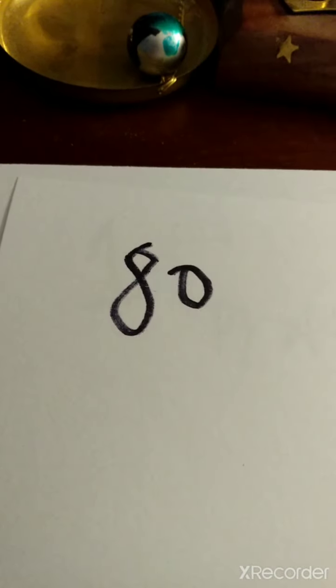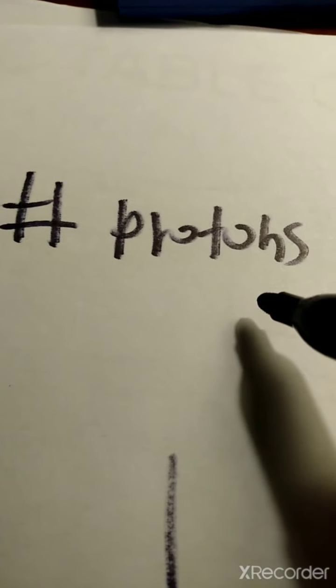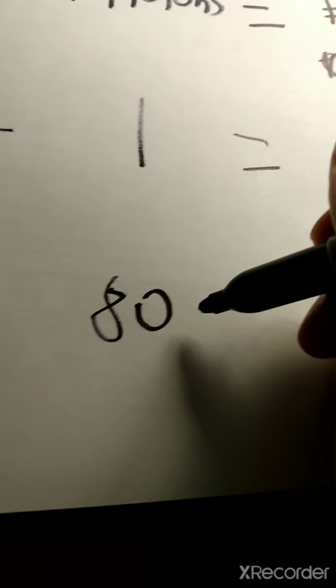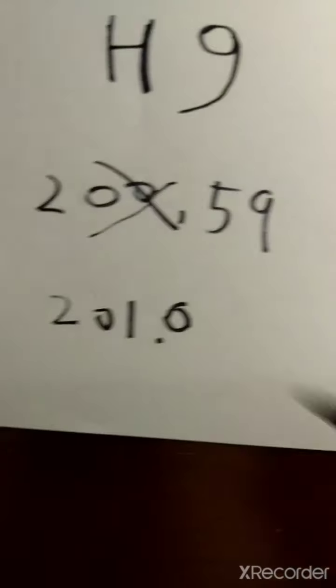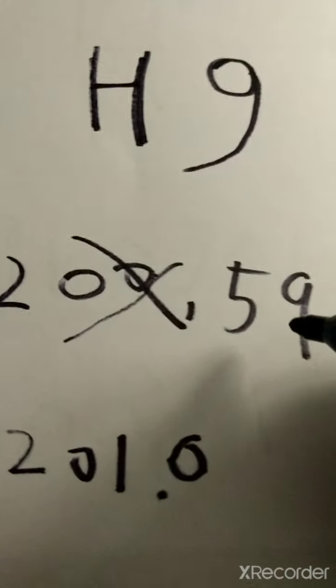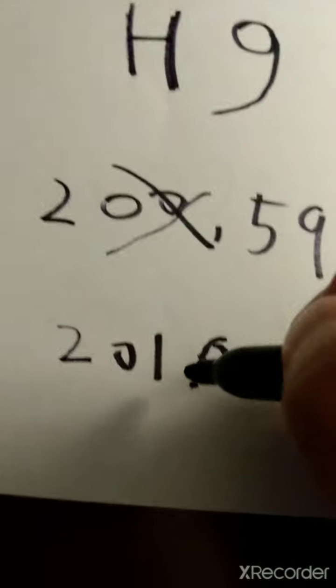We said that there are 80 protons in mercury. That's what we can insert for the number of protons. Mercury has 80. And the atomic weight is 201.0 because we had to round that decimal to a whole number.